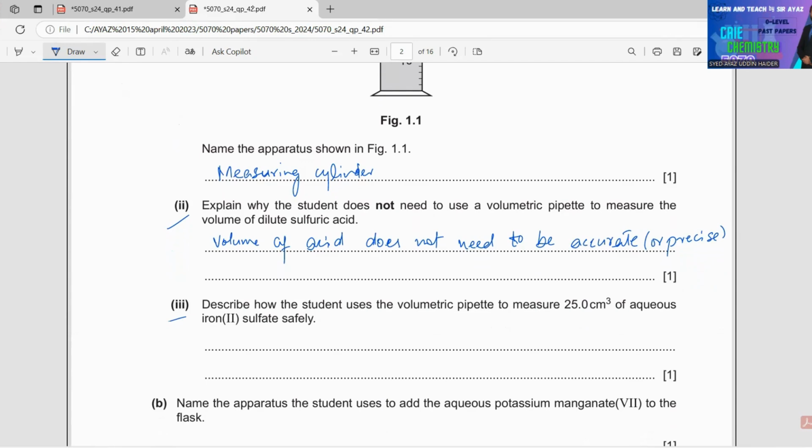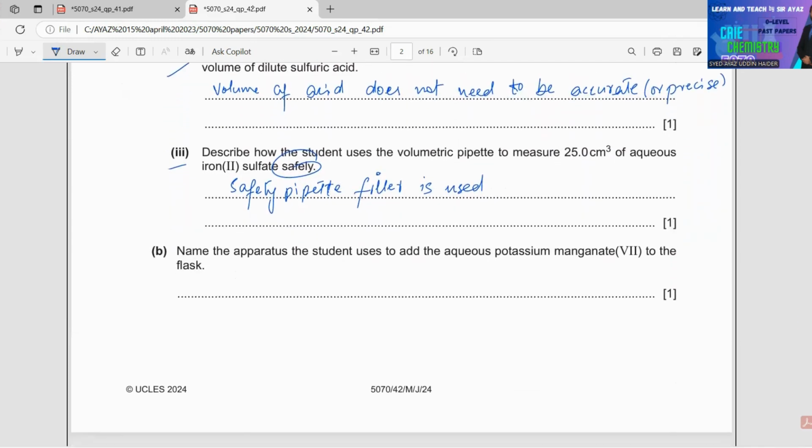Part 3. Describe how the student uses the volumetric pipette to measure 25 cm³ of aqueous iron 2 sulfate safely. Now they are talking about safety. So you'll use safety pipette filler. Safety pipette filler is used.